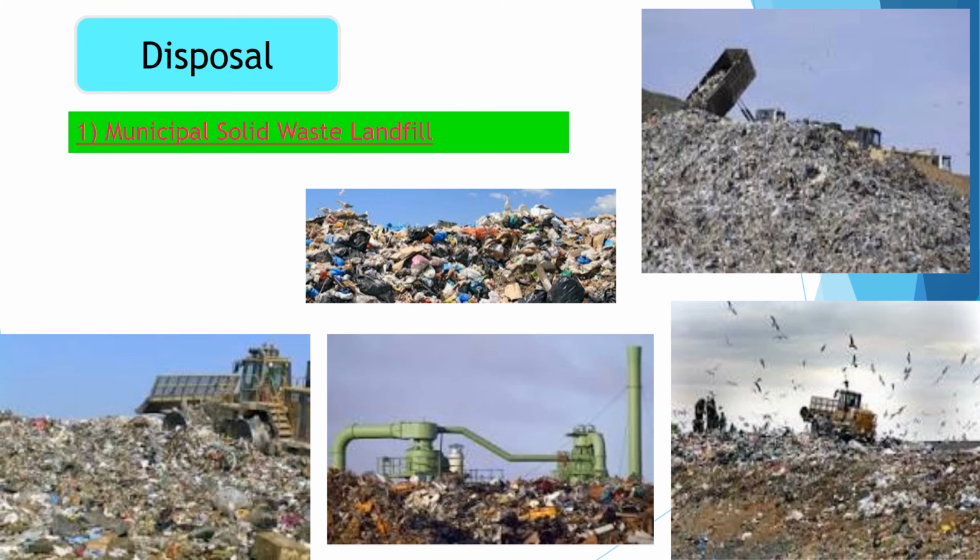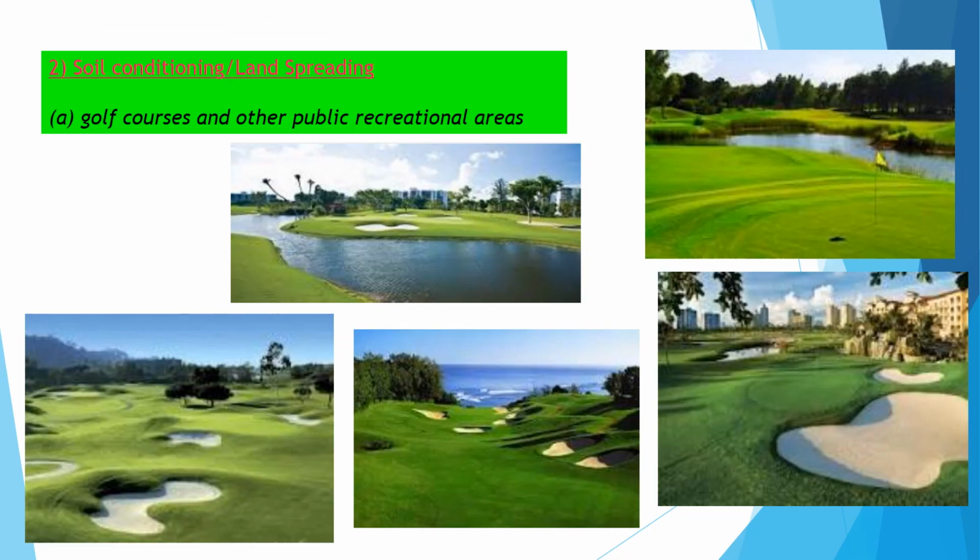Okay, next is the last characteristic, which is disposal. All the treated sludge can be disposed of using a municipal solid waste landfill, depending on the characteristic and the types of sludge produced from the wastewater stream. The second one is through soil conditioning or land spreading, such as on golf courses and other public recreation areas.